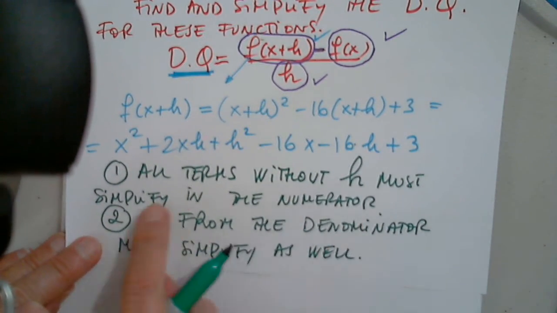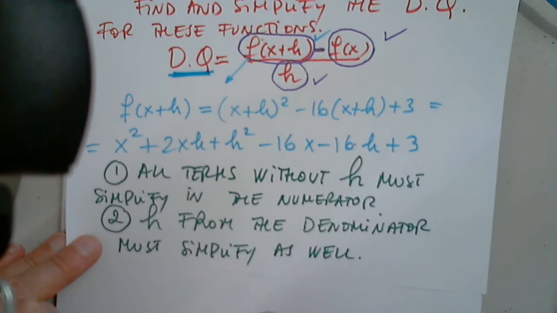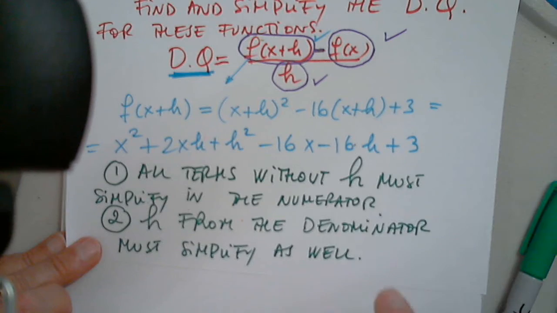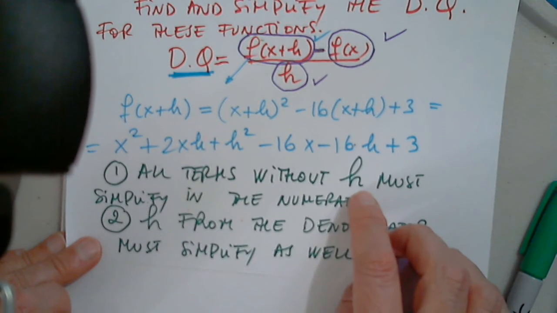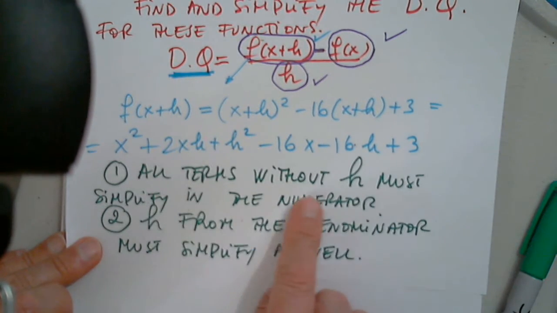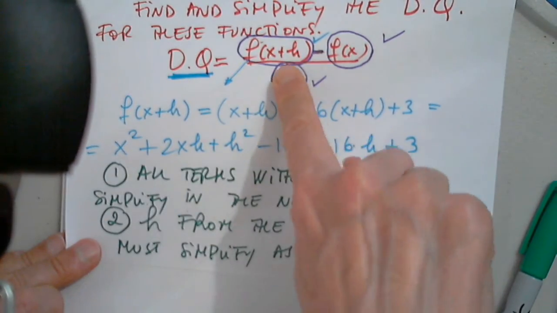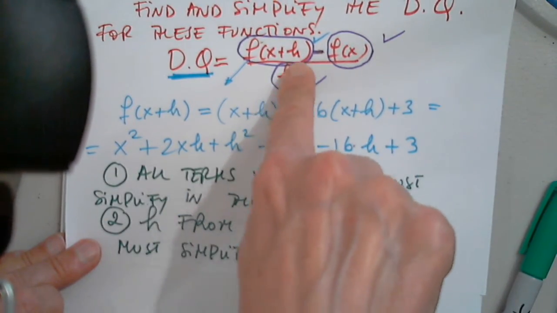It means that not all terms without h have disappeared. Some terms with h can disappear too, but definitely all terms without h must go away. And number 2, h from the denominator has to cancel out, simplify with something.